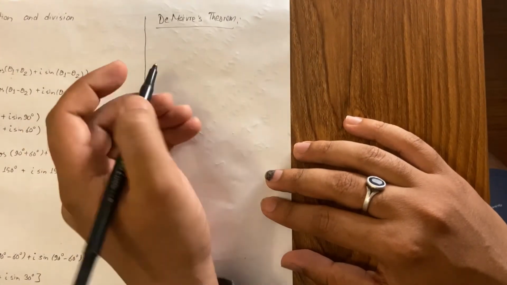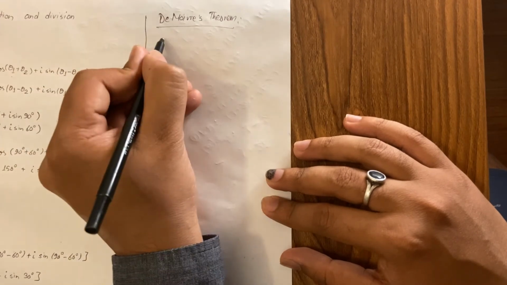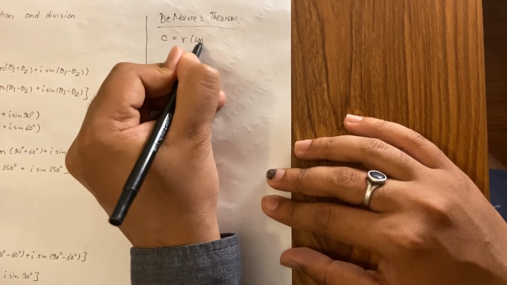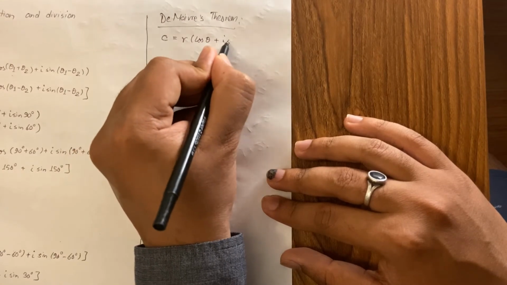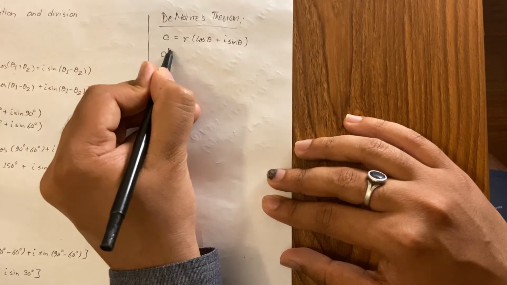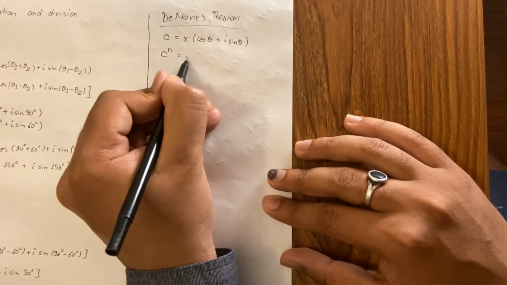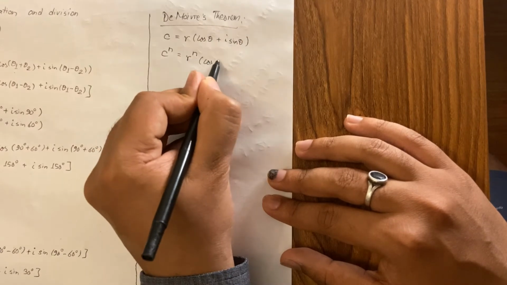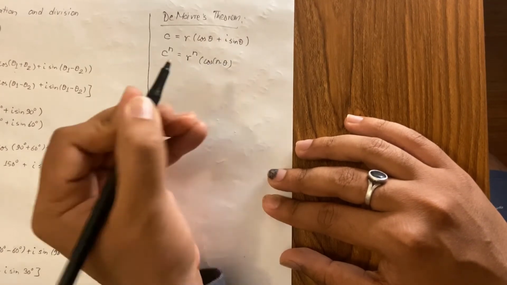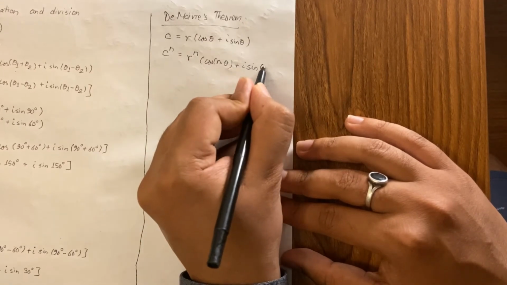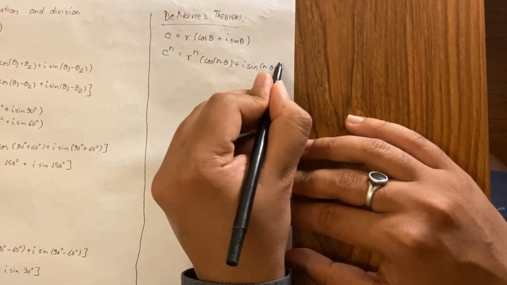So what I mean by that is, if you have a complex number, say C equals r cosine of theta plus i sine of theta, C raised to the power n would be r raised to the power n cosine of n times theta plus i sine of n times theta.